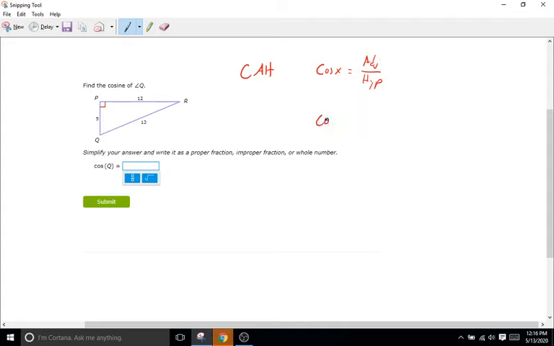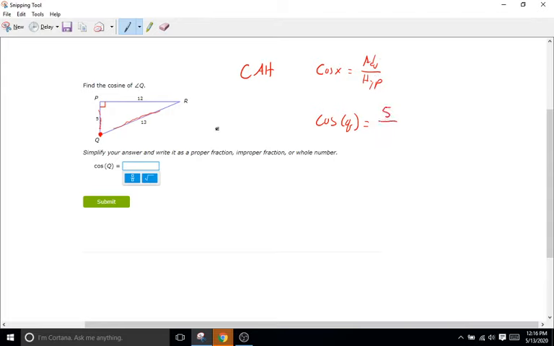So for this one, it's going to be cosine of q equals, what's the adjacent side of q? So we're at q right here. This side right here is the hypotenuse, so we're going to leave that alone. And then the side that is also touching q is going to be our adjacent side, so that's going to be 5.